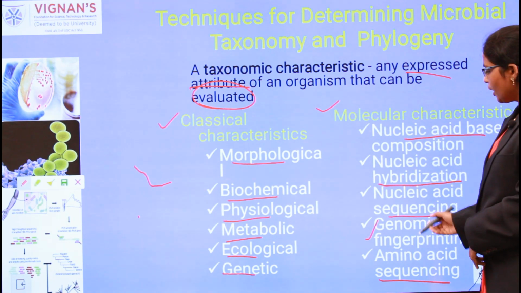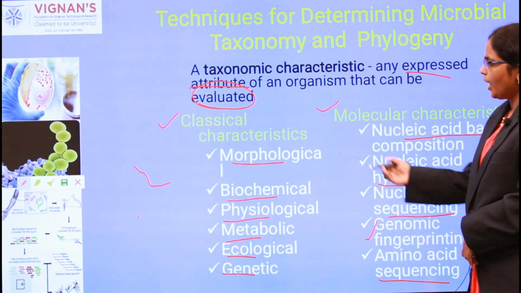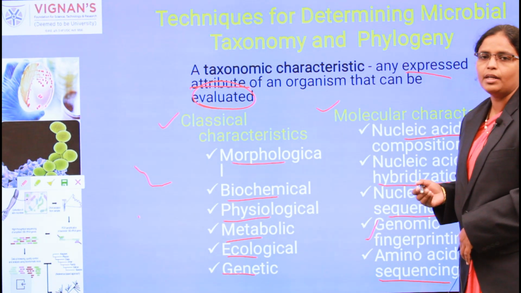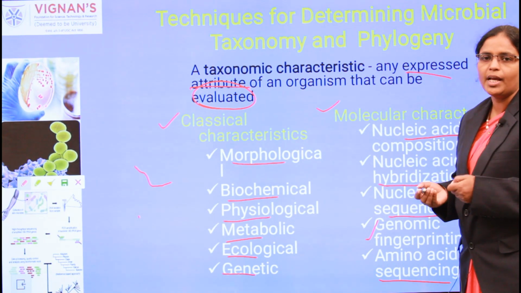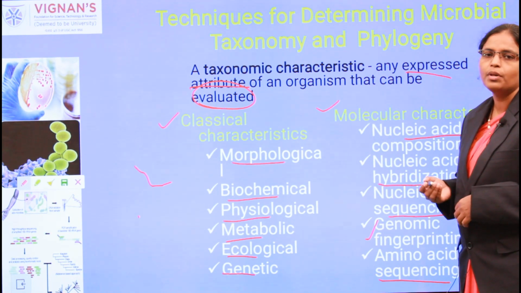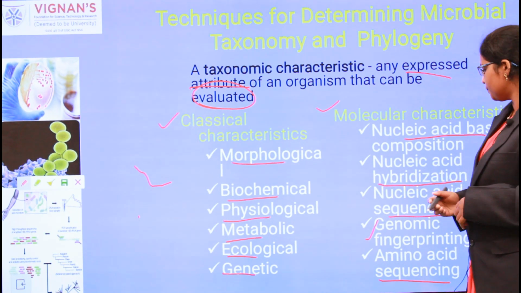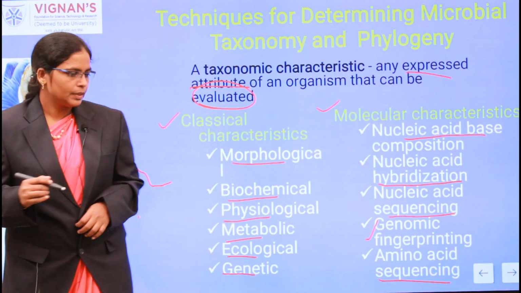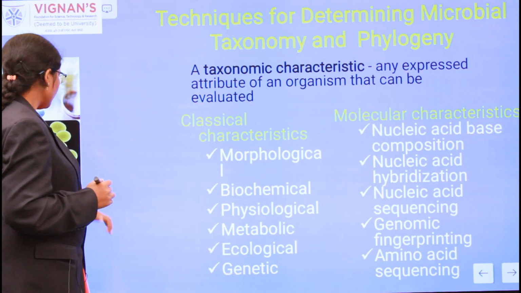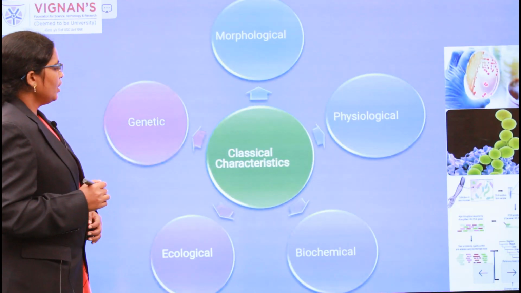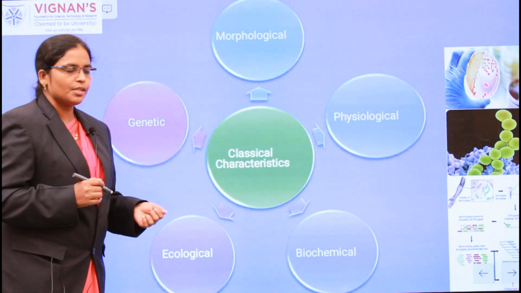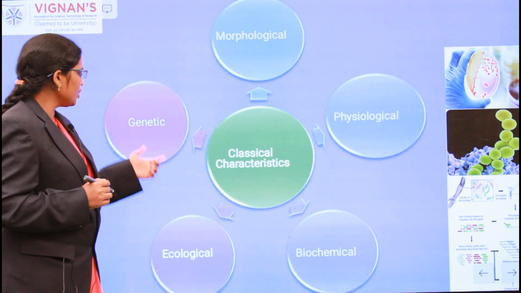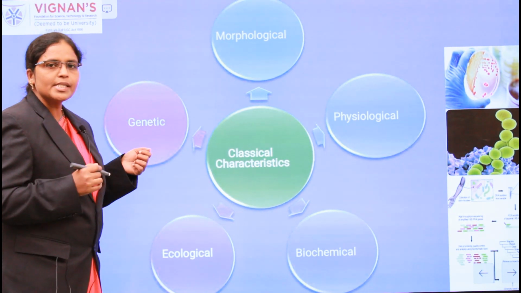So these are the molecular characteristic features, and the classical characteristic features we will learn for identification as well as classification of microorganisms. See here classical characteristic features: morphological, physiological, biochemical, ecological and genetic. We will see one by one.